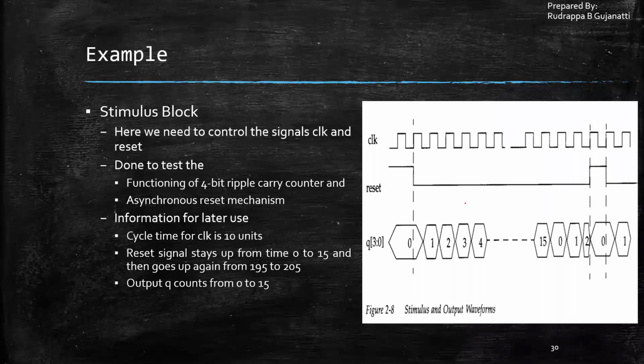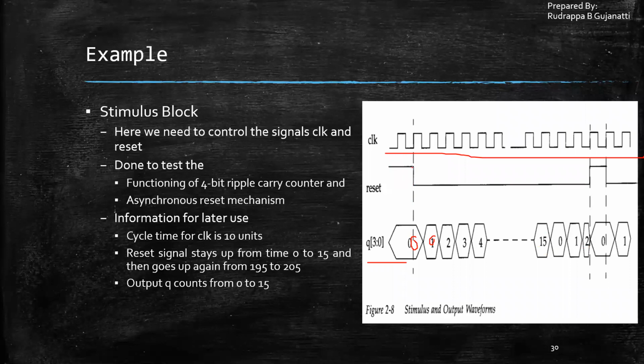Here you can see the clock which is defined, and here Q starts. It starts with 0, 1, 2, and so on. It continues up to 15, and once 15 is reached, it starts to recount from 0, 1, 2. Now you can see when the count is started.